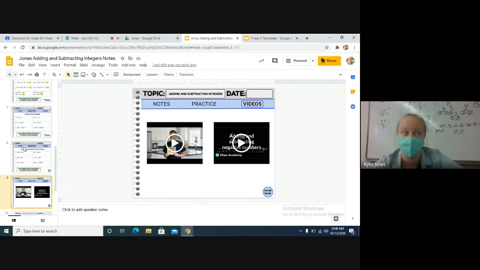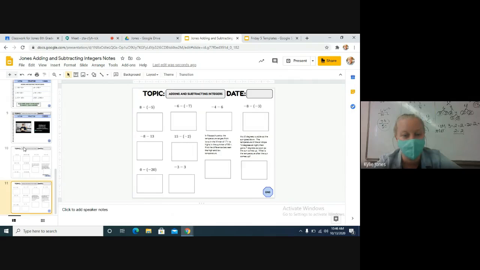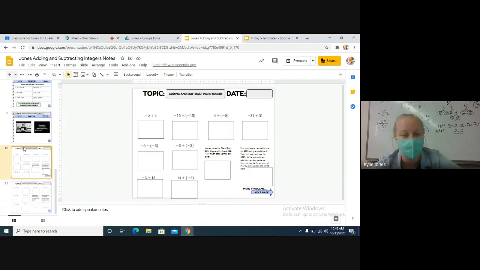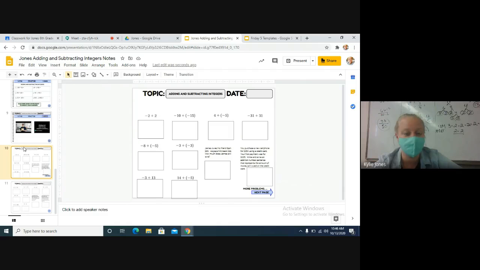Slide number 10 has some practice with adding and subtracting. So does slide number 11. But I would maybe try those tomorrow instead of today because it does throw in some subtraction ones that we haven't gone over yet.